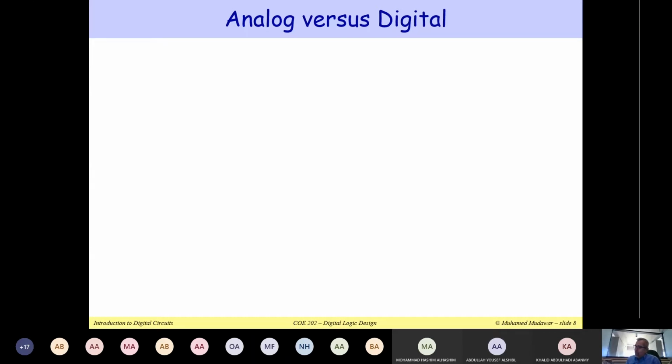Anyone else would like to have a definition for analog versus digital? Analog is variable physical, and digital is... I can't hear you. Can you raise your voice again? So analog means what?